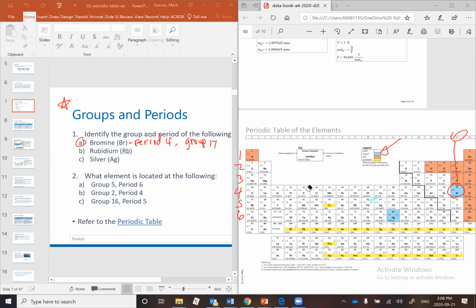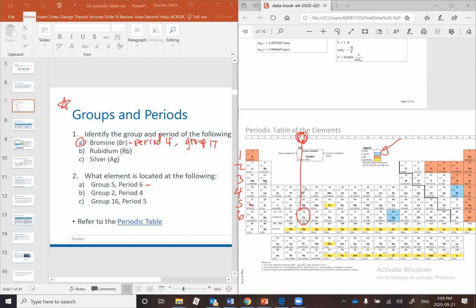I'll just erase this. Okay, 2A. This element is in group 5, so 5 up top, and period 6.